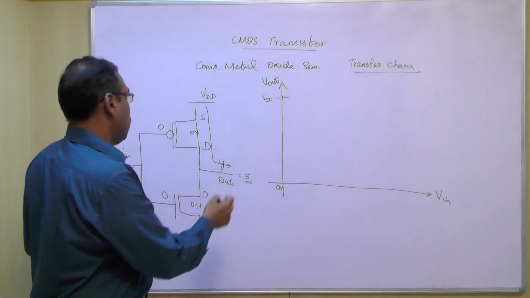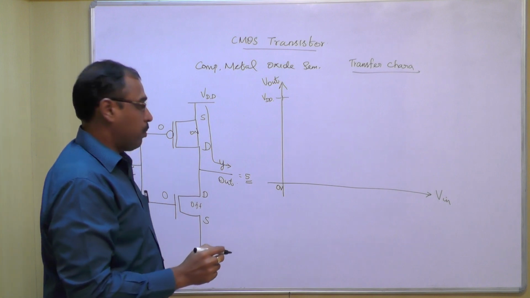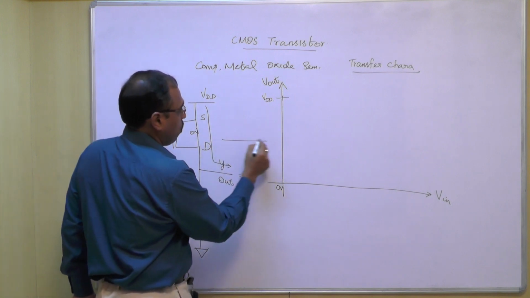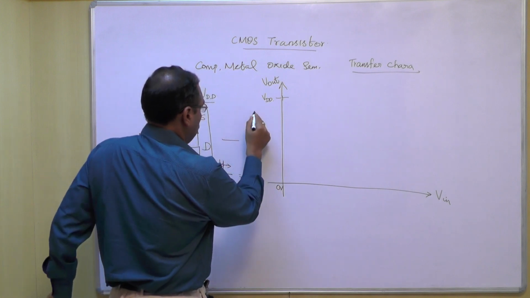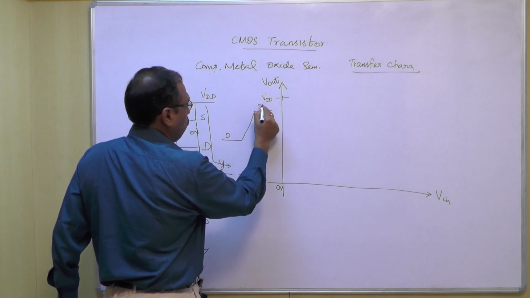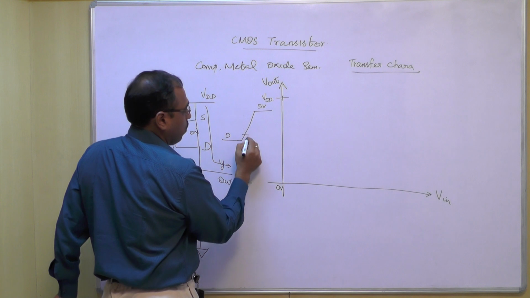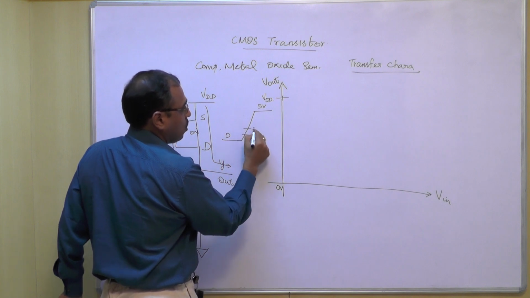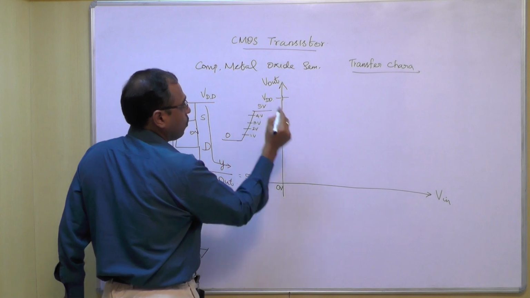Now when we apply an input voltage from 0 to 5, we will see what will happen. We can divide this input voltage like this. The input is changing from 0 to 5 volt or VDD. This may be 1 volt, this is 2 volt, and 3, 4 and 5.